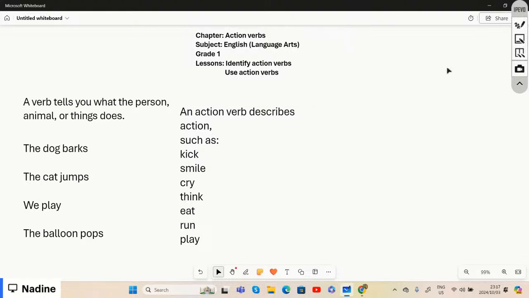And if we look at sentences, right? We're going to write down a few sentences and then you're going to identify what the action verb is within that sentence.